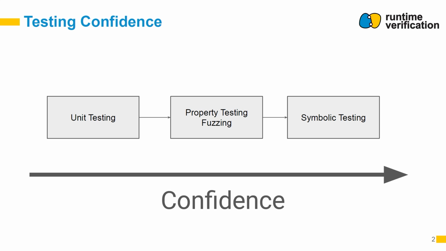In a similar way that fuzzing or property testing improves the confidence over unit testing, symbolic testing is just a logical next step to increase your confidence in your test suite even more. It can give you very strong correctness guarantees, which I will talk about in a minute.